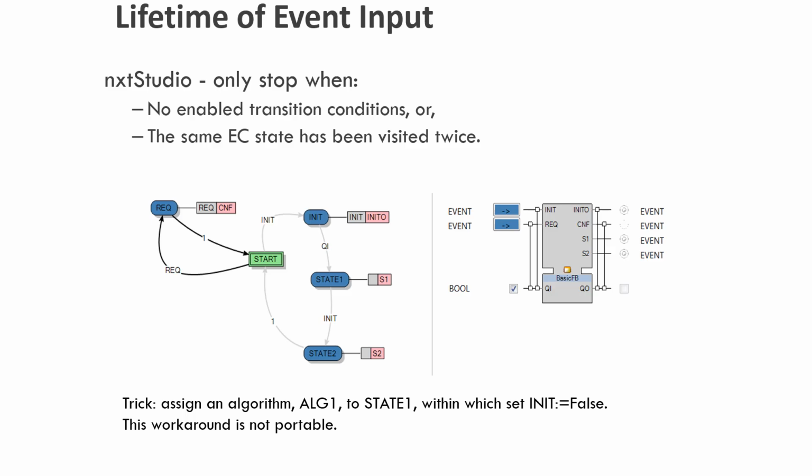And then finally it will go back to the start. But actually that was the initial implementation of the ECC execution logic in NXT control software; later it was corrected so that the version defined in the standard is now the default one.